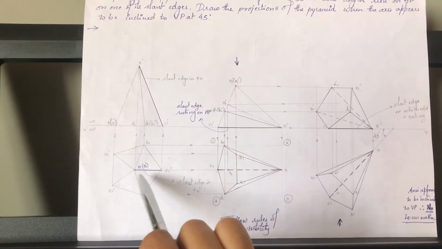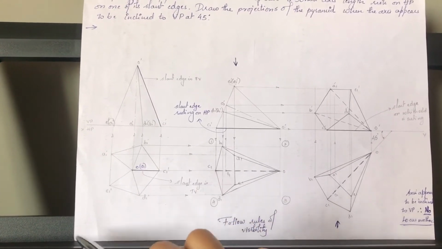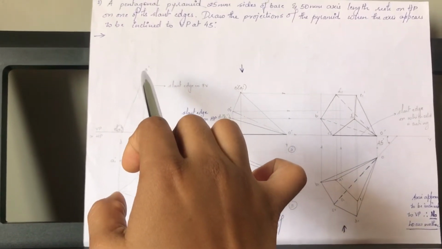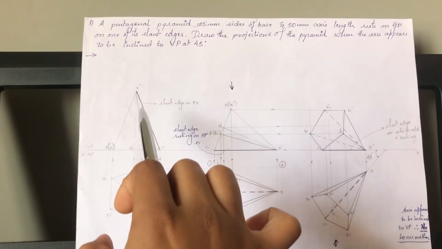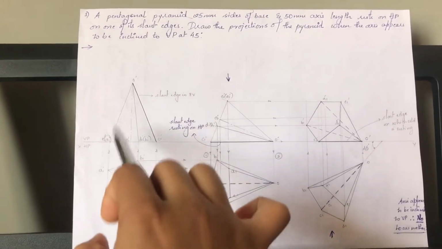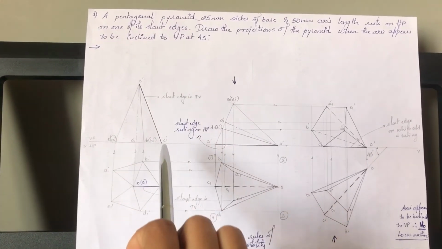Once you get this pentagon drawn, label it A1, B1, C1, D1, E1, O1, and then you project up to get the apex point, which is at a height of 50 mm, that is the axis length, and then you join all the edges. Once you complete this part, this is the slant edge that I am going to refer, O dash C1 dash.